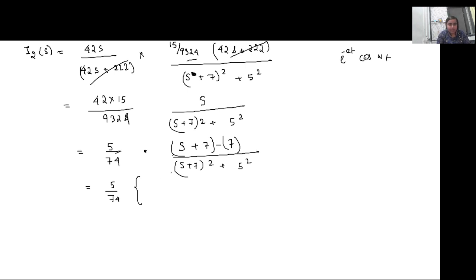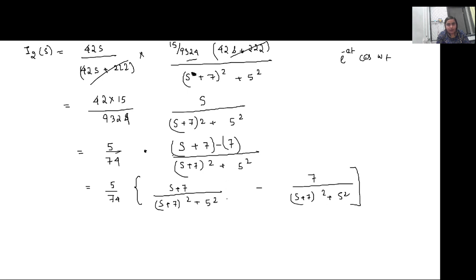So the first one is s plus 7 by s plus 7 whole square plus 5 square, minus 7 by s plus 7 whole square plus 5 square.